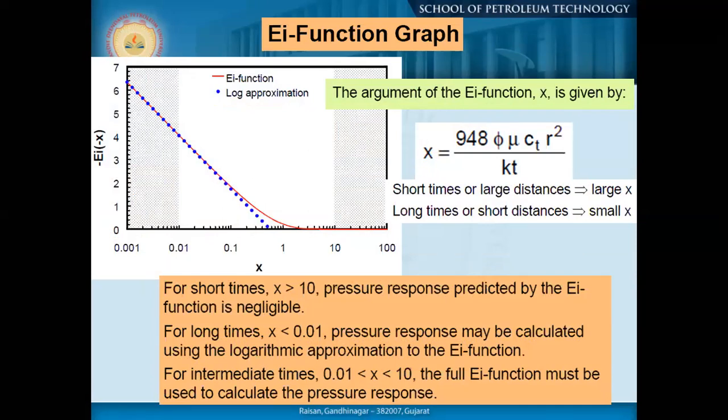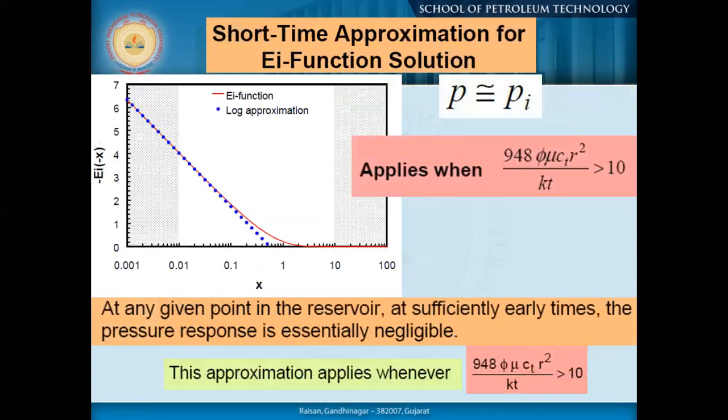In the first case, when your x value is more than 10, p is equal to pi, that means there will be no effect on pressure. So we can consider the pressure at that particular point equal to the initial pressure.